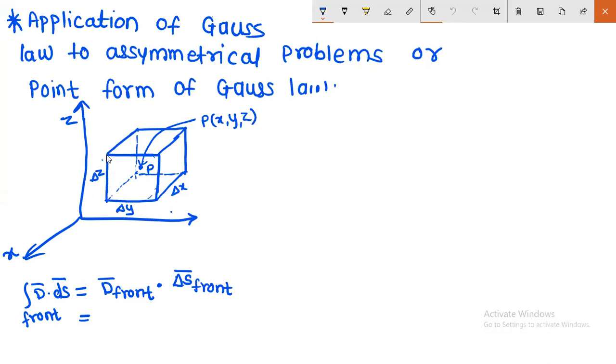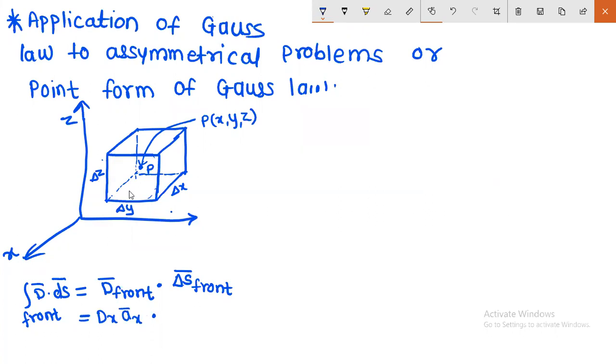Yes. So this side I am showing is your front side. Where delta y and delta z are written, that is your front side. So for the front side, which is the perpendicular vector? A bar x. Correct, because it is showing the y and z axes. So the perpendicular vector is a bar x. So we can write this D bar as Dx into unit vector a bar x dot.